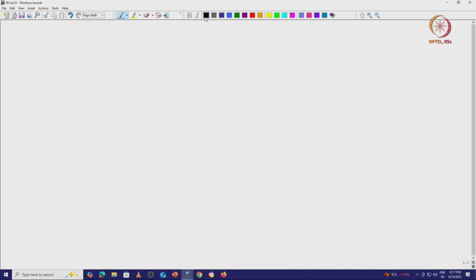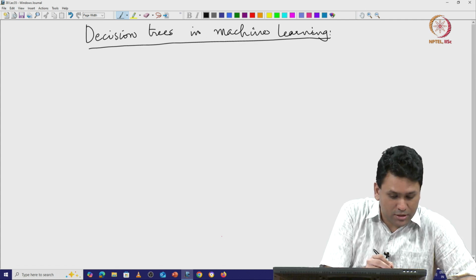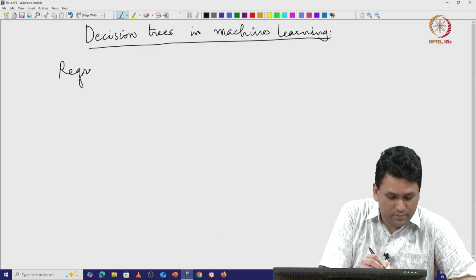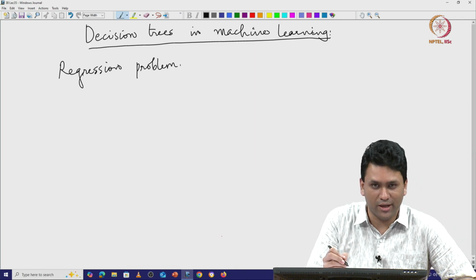So the topic for today is again decision trees in machine learning. And right now we are dealing with applications to regression problems, wherein you are trying to predict the value of a continuous variable.